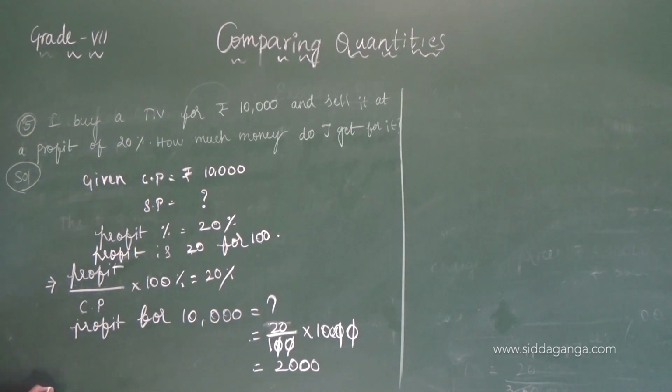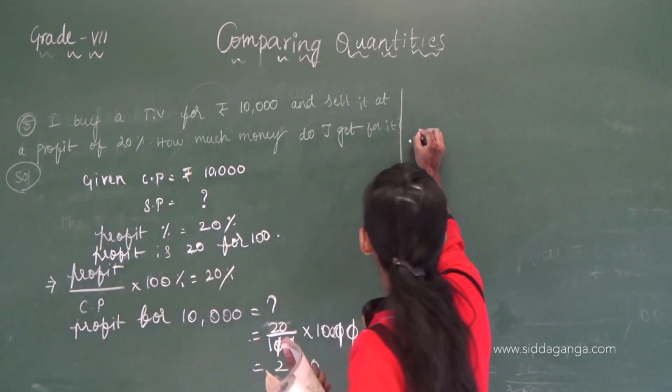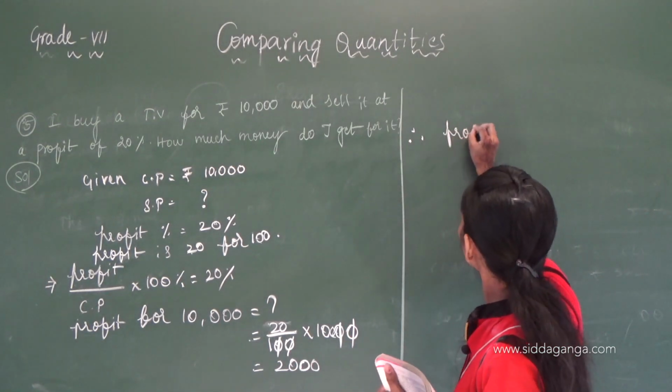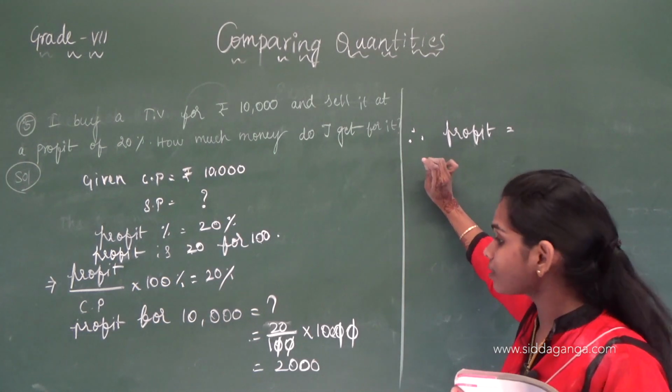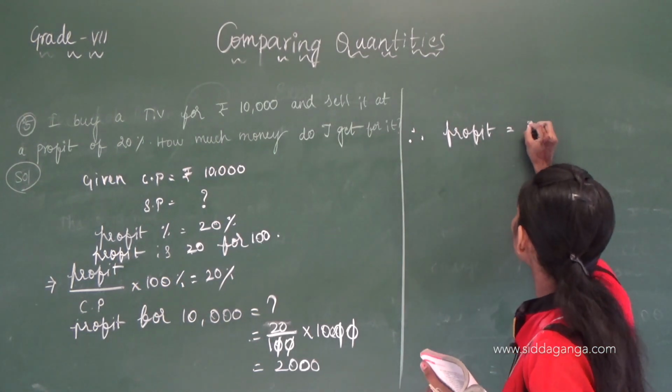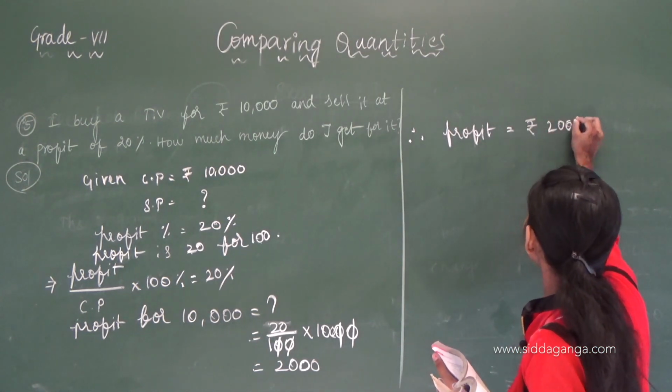Therefore, the profit for 10,000 is nothing but the profit for this transaction, rupees 2,000.